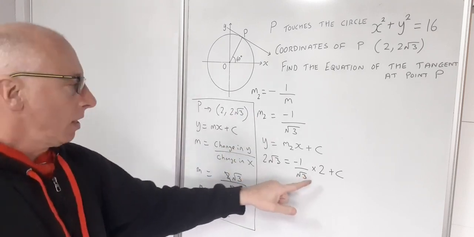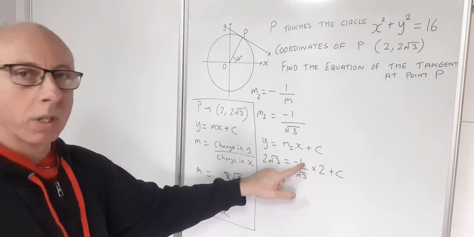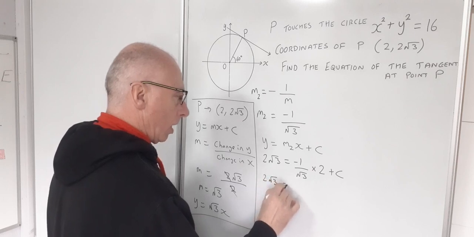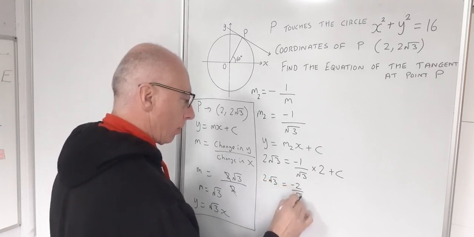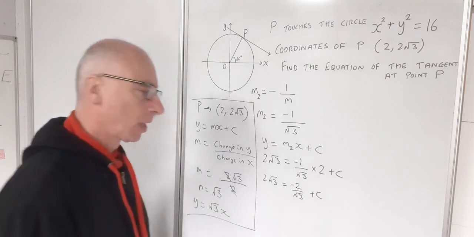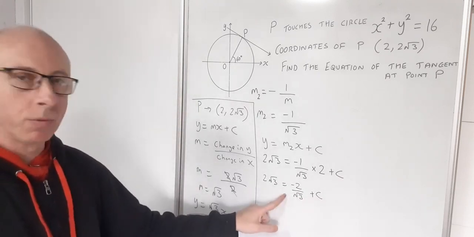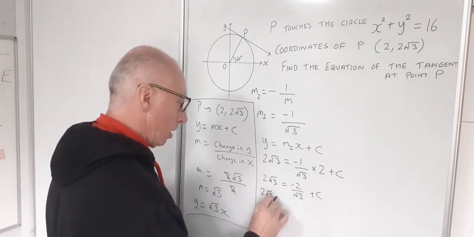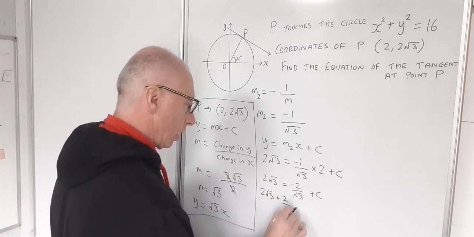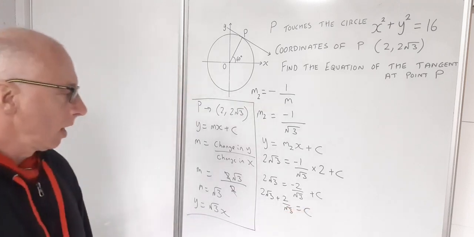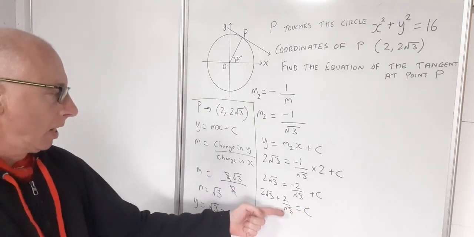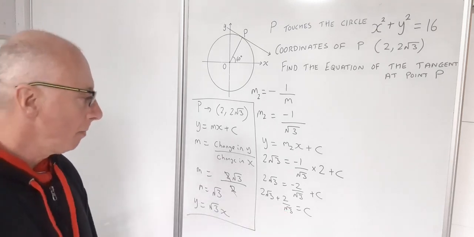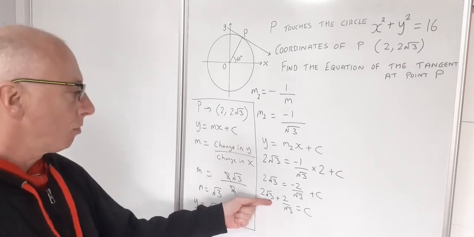Okay, right, let's see if we can get c on its own. So the times 2 we can put into this one here. So we've got 2 root 3 equals minus 2 over root 3 plus c. Okay, well, add 2 over root 3 to both sides. So now we've got 2 root 3 plus 2 over root 3 equals c. Okay, now let's multiply everything by root 3 to get this root 3 off the bottom. So 2 root 3 times root 3.